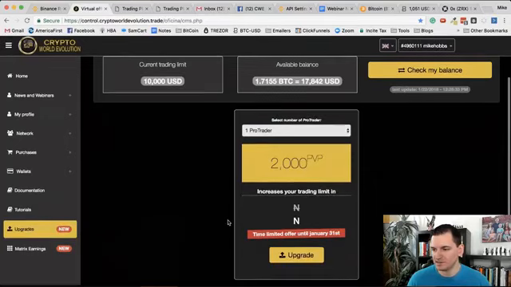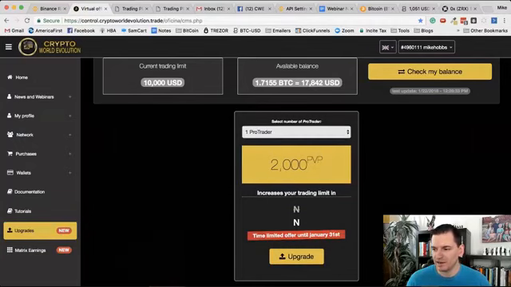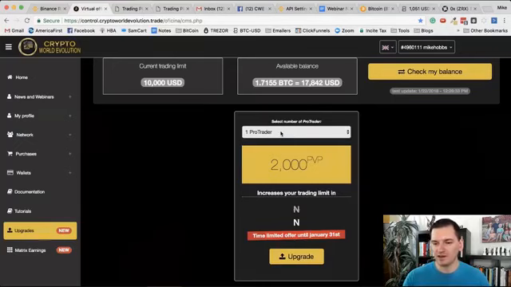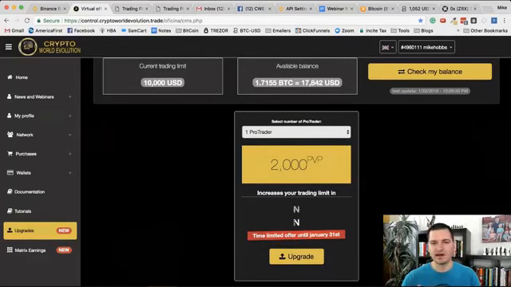So what's cool is they have a special offer going on right now that if you buy another upgrade, you will get 15,000 more limit. How cool is that? So instead of 10,000, 15. So then my account will be able to trade up to 25,000.